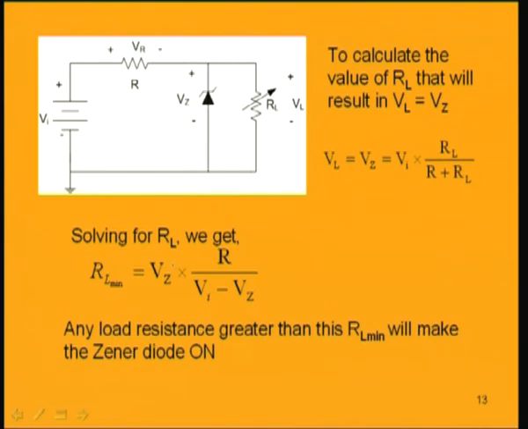Vz is the Zener voltage for that particular Zener we are applying. Vi is constant. So, this expression will give you the minimum RL which will make the Zener diode on. If it is less than that, this voltage will not be sufficient to make the Zener diode on. So, you should have any load resistance greater than this value of RL minimum to make the Zener diode on.